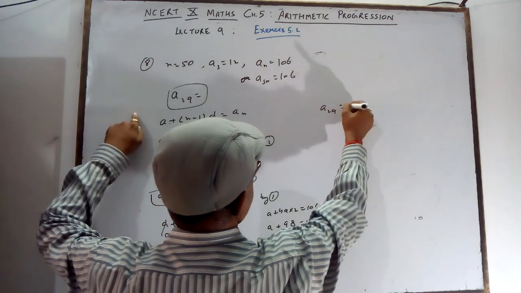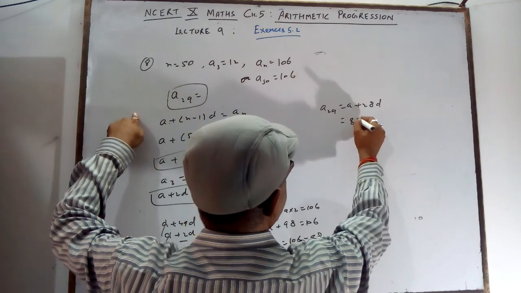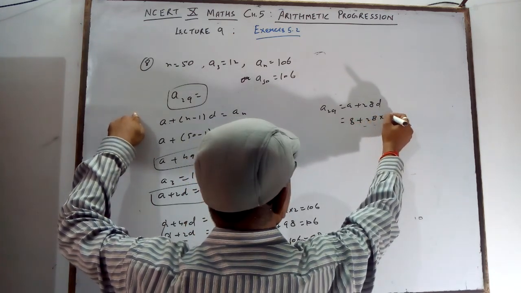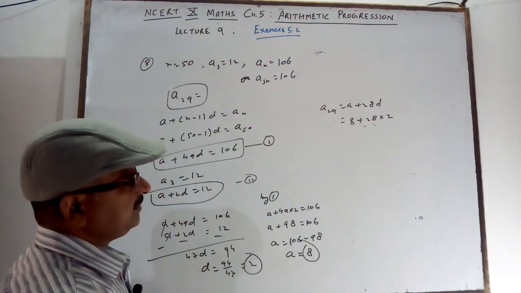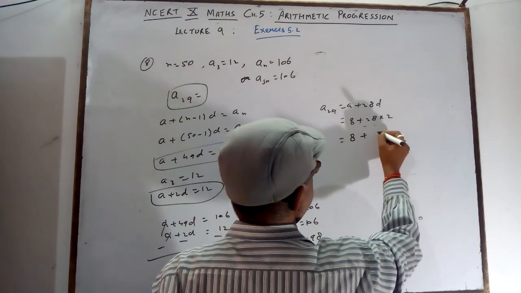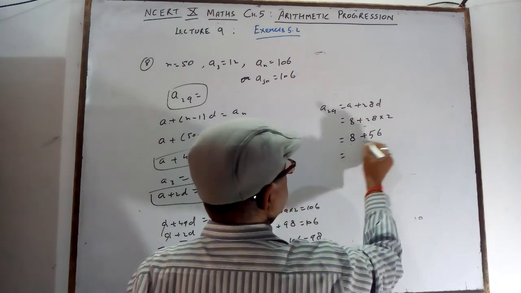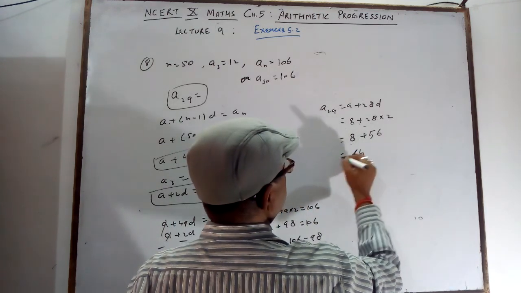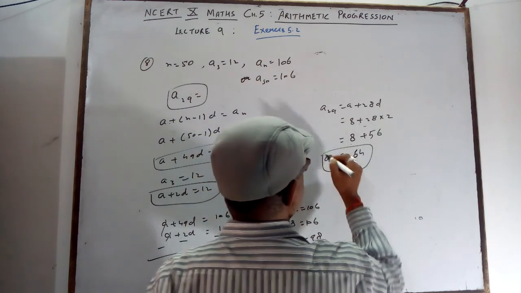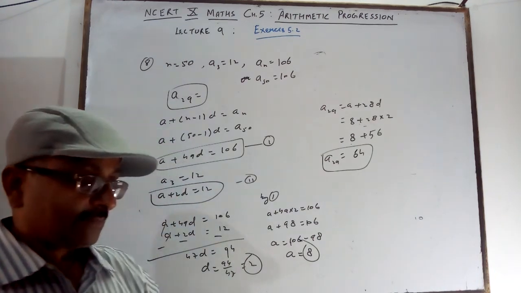A29 is equal to A plus 28D, that is 8 plus 28 into 2, which is 8 plus 56, that is 64. The 29th term of this AP is 64. Simply you will get and you can solve the question.